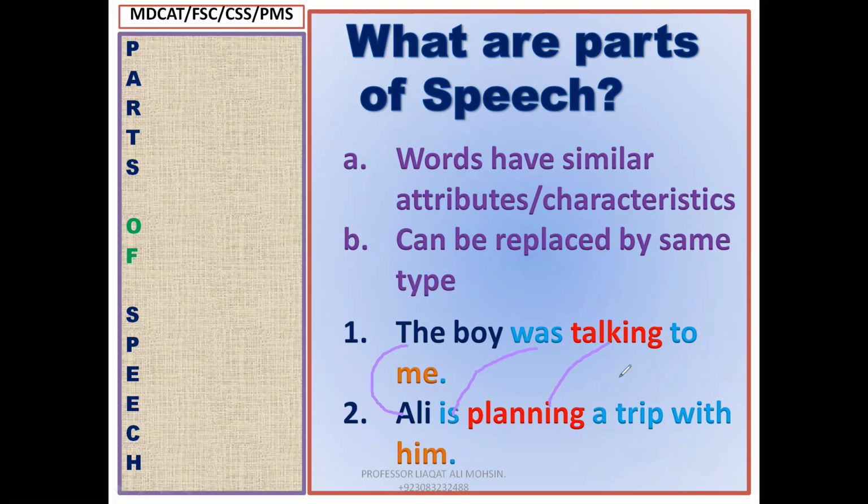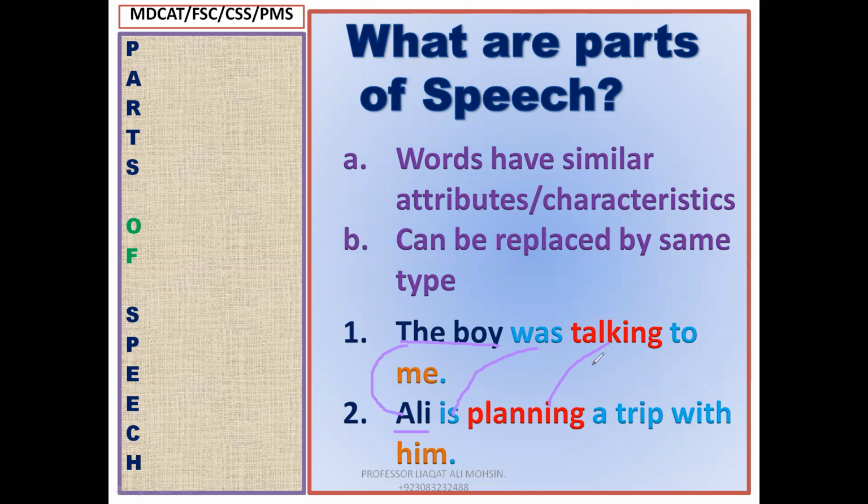in a sentence. These similar categories of words which have a similar role in a sentence are called parts of speech. If we talk about the boy and Ellie, they are nouns because they play a similar role. Was and is have a similar function.